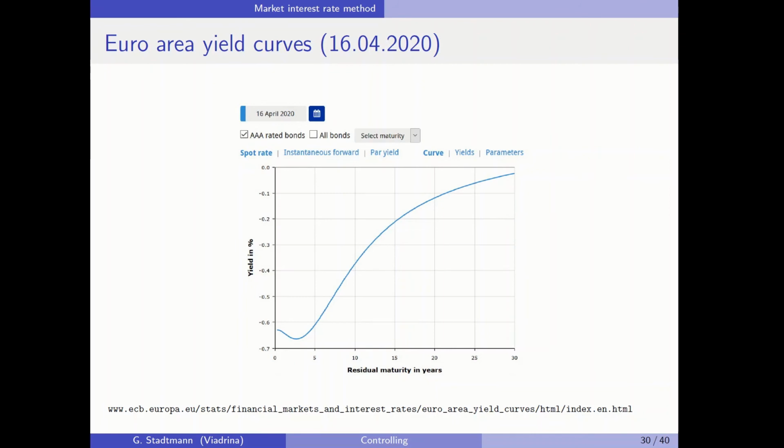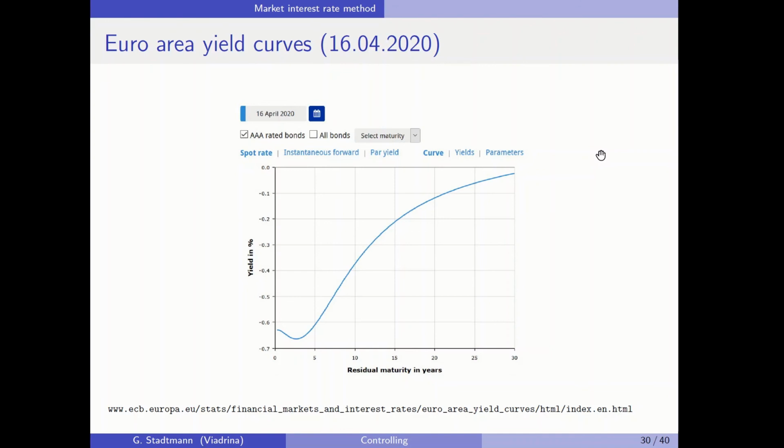What is of course not normal is that the interest rate on the vertical axis is negative. We have not seen that in the past, like before the financial crisis broke out in 2008, 2009. So this is special insofar as the yield is negative, but the shape is called normal because it's upward sloping.